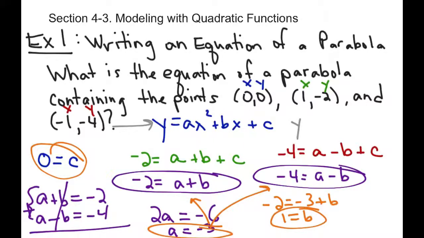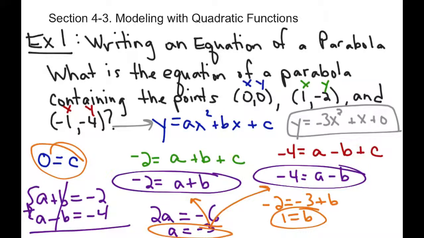So y is equal to negative 3x squared plus 1x plus 0, because c is 0. Now that isn't the vertex form, but they didn't ask me for vertex form, so I'm going to leave my equation in standard form.